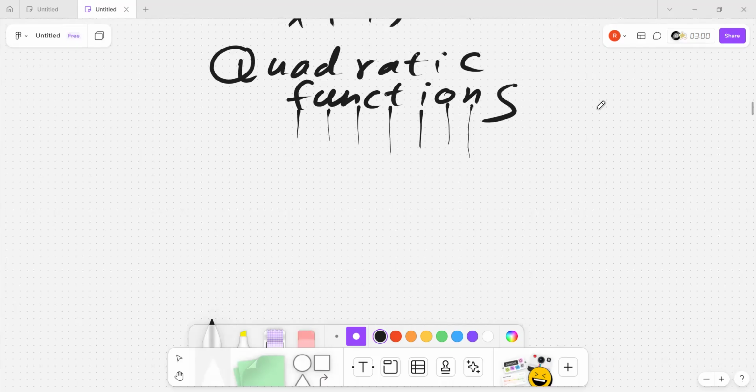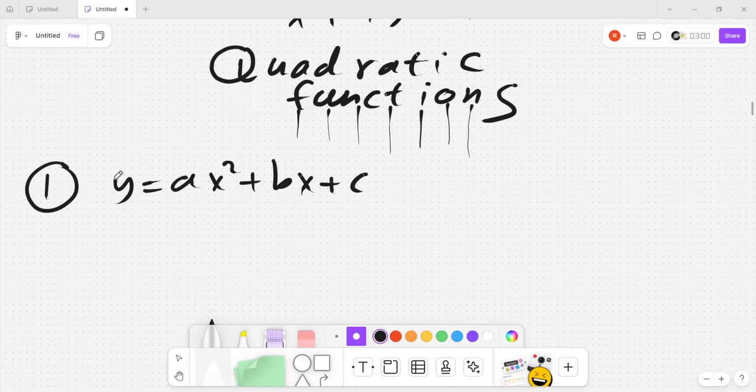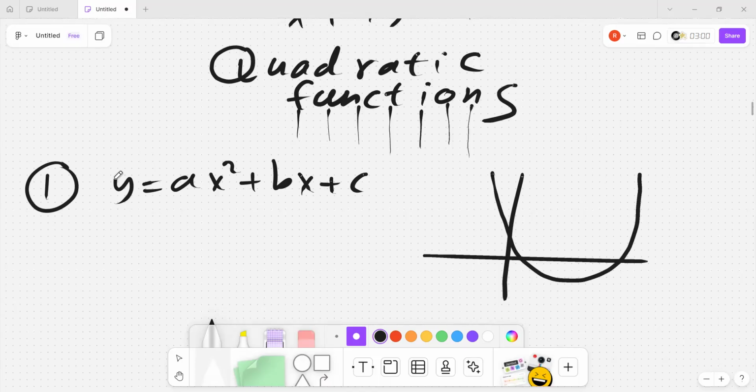The first one is written in this form: y equals ax squared plus bx plus c. The quadratic function, or the parabola, is represented like that on the xy plane.